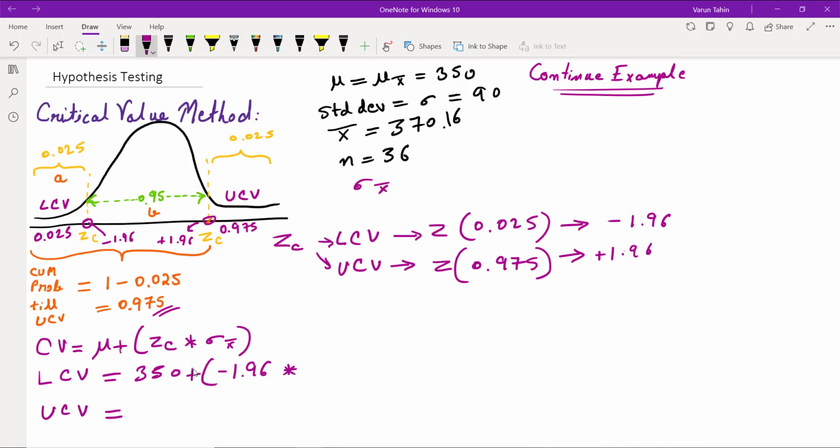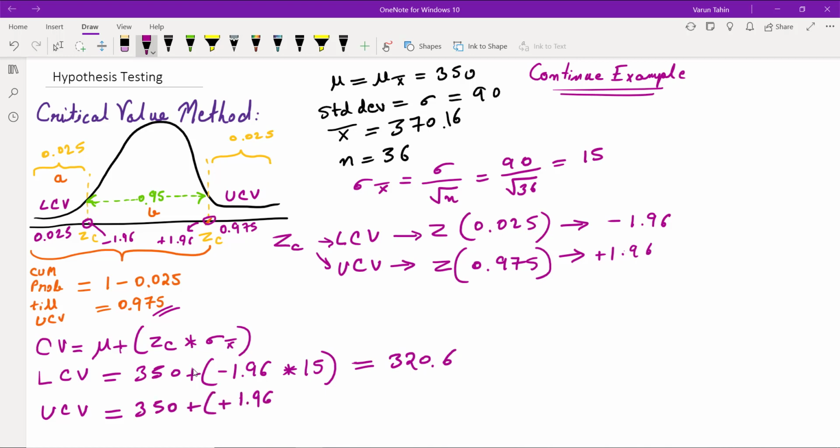The standard error we have calculated previously, guys, which is sigma upon square root n. Sigma is 90, square root n is square root 36, so it comes as 15. When you calculate, it will come to 320.6. And the same way for UCV, it will be 350 plus 1.96 into 15, and this will be 379.4.